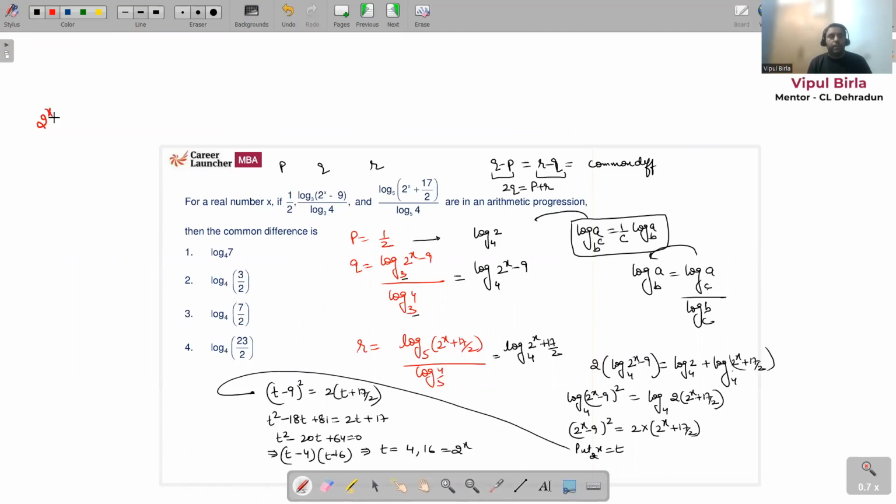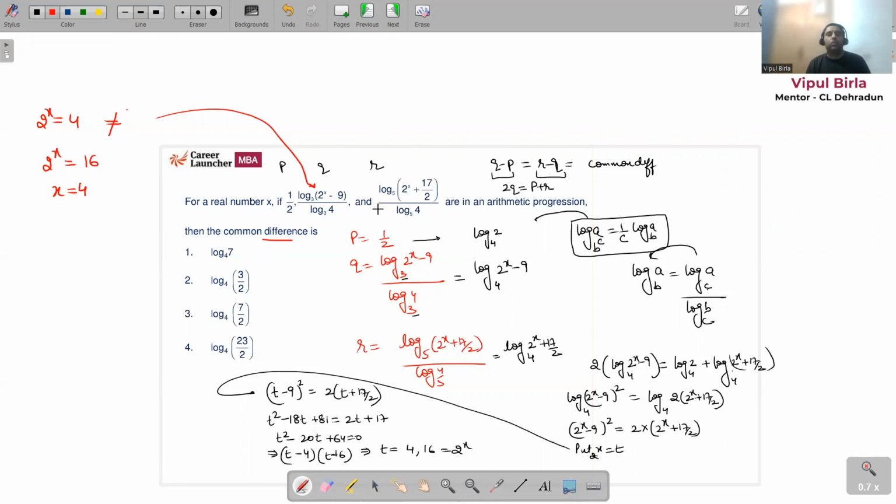Now 2 to the power x equal to 4 is not possible because it will make the value under the log negative. Hence 2 to the power x has to be equal to 16, which gives me x equal to 4. Now, once I know the value of x is 4, the question says find the value of the common difference.